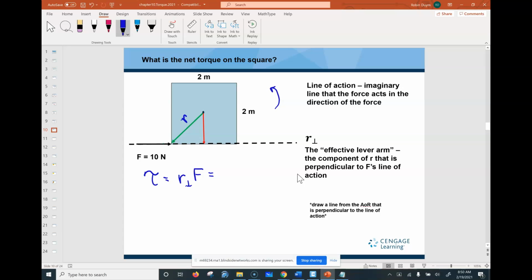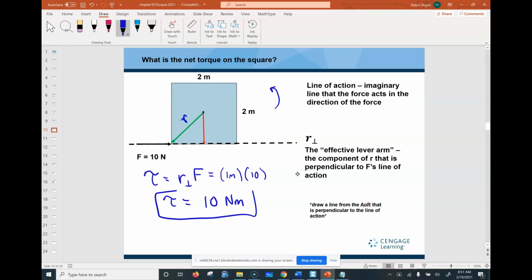The force is 10 newtons, so I know that that's 10 newtons. And then what's my R perpendicular? What's this right here? Just 1 meter, right? Because if this whole side is 2 meters, then the length of that is just 1 meter. And my net torque will just be 10 Newton meters.